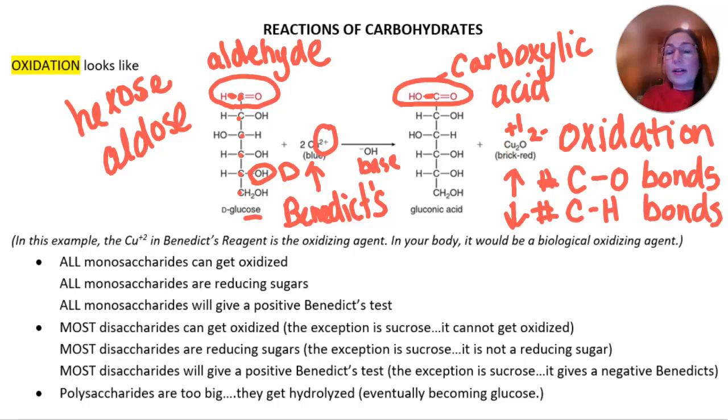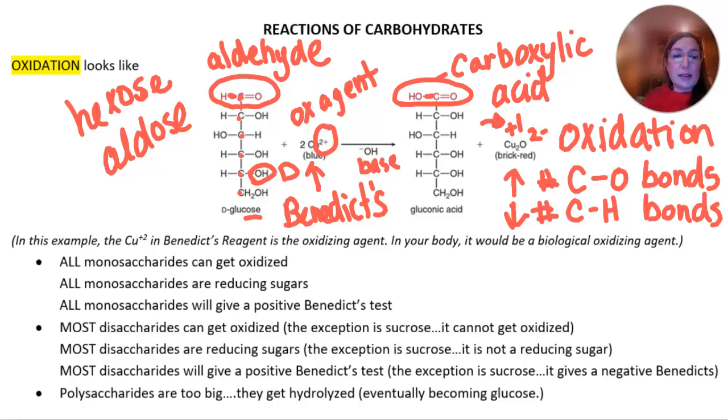It's our copper that's been reduced, or is our oxidizing agent. So here's our ox agent. It itself has been reduced from 2 plus to a plus 1. So could we follow loss of electrons and gain of electrons? Sure, we could. But in organic chemistry, we tend to just look for those more bonds to oxygen.